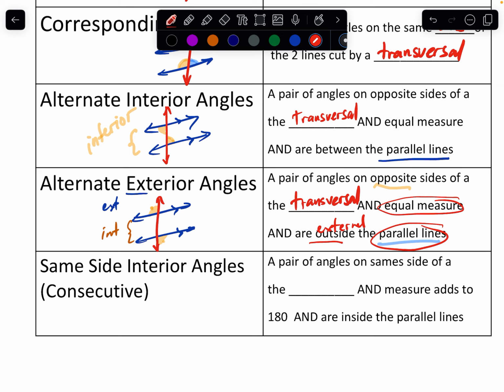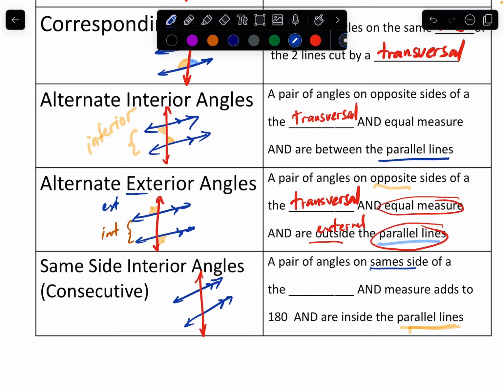Same side interior angles. Okay. So let's draw our two lines. And this is our transversal. And we're going to emphasize again parallel lines. So let's put those little marks on it to say these two blue lines are parallel.